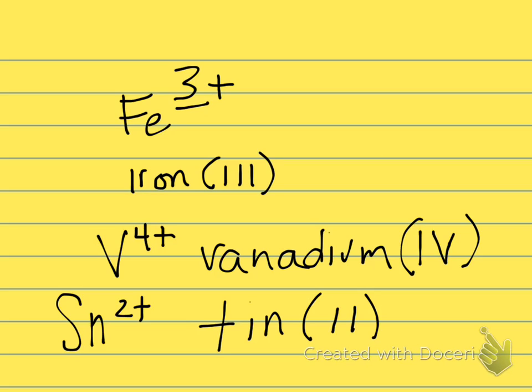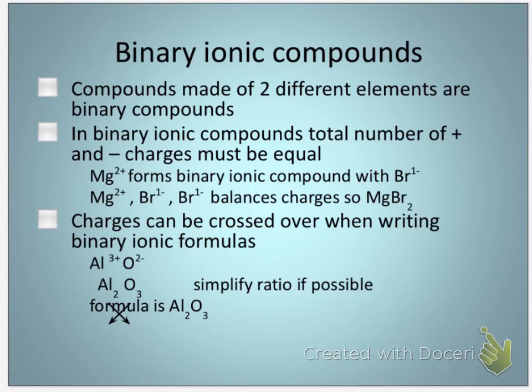Okay, so that's easy. You can name ionic compounds. Good. This is where we learn to write our first formulas, and then you will practice. And then you will take a quiz on Monday. It's that fast. When you name a binary ionic compound, first of all, let's talk about what that is.